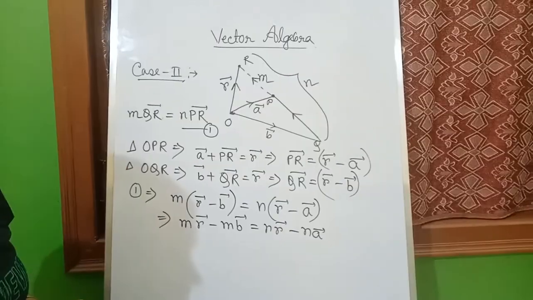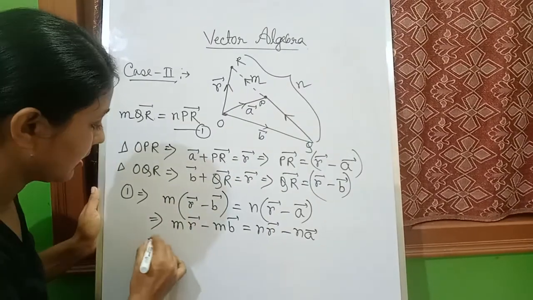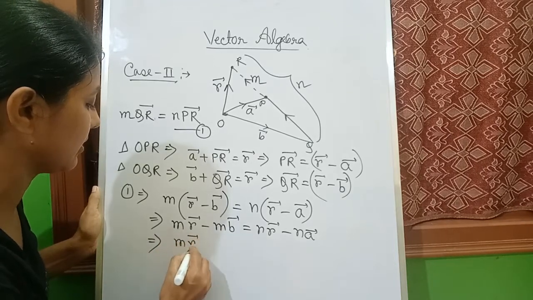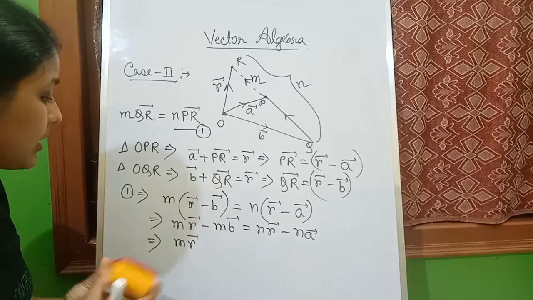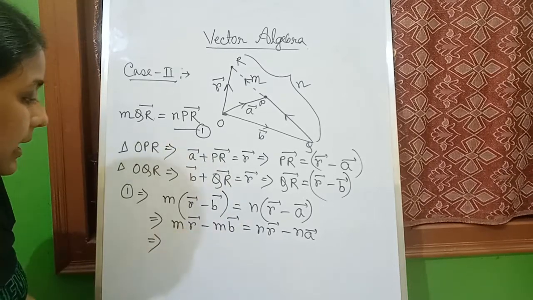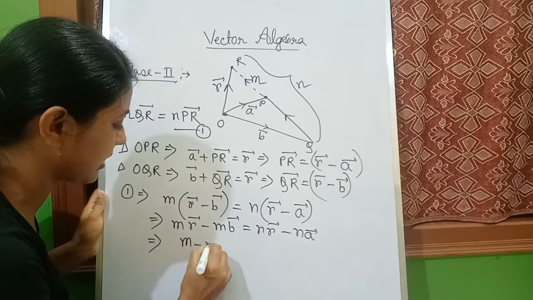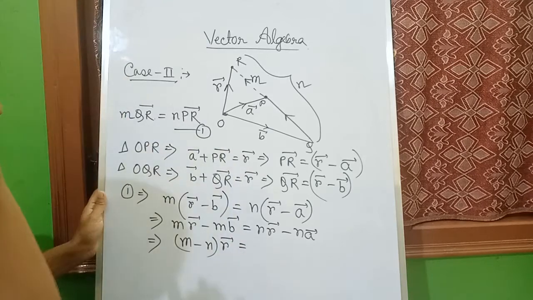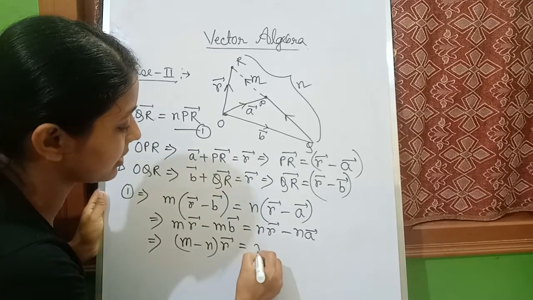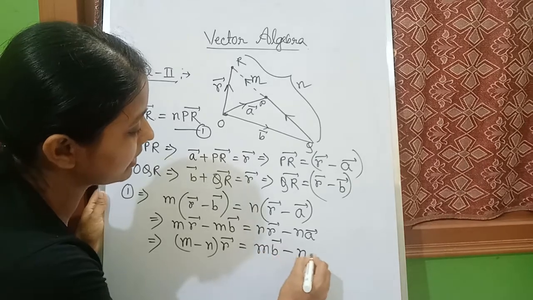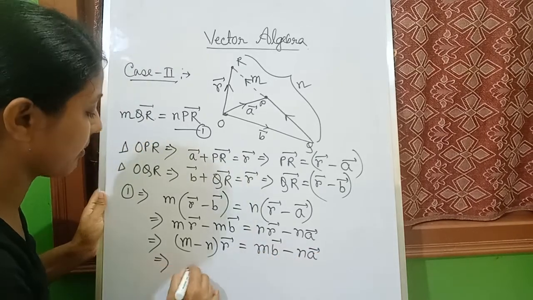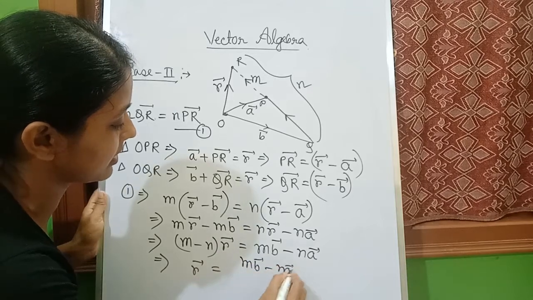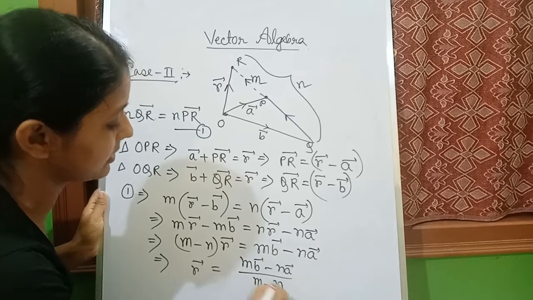Okay, I hope you can see it. So both R vector we are taking in the left hand side, so we can take it common. That means M minus N R vector is equals to MB vector minus NA vector. From this we can get R vector equals to MB vector minus NA vector divided by M minus N.